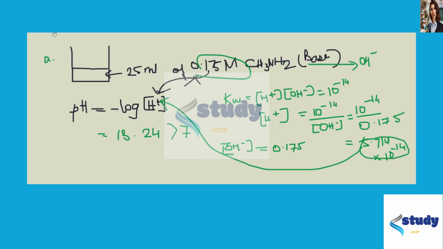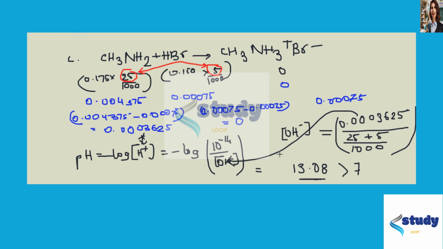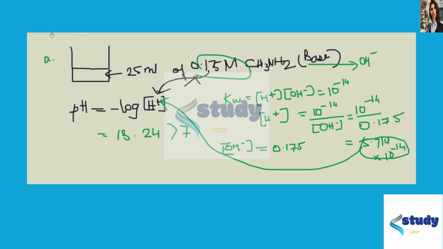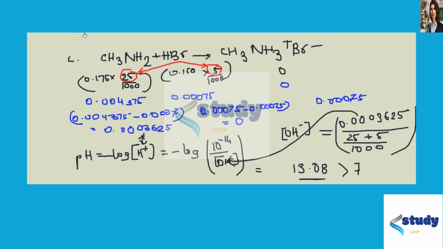However, if you compare it to our previous pH, you see that it's slightly lower, it's slightly more acidic, which makes sense because now you have added a certain amount of acidity to the solution by adding HBr. So it will be lower than our initial pH of 13.24. Okay.